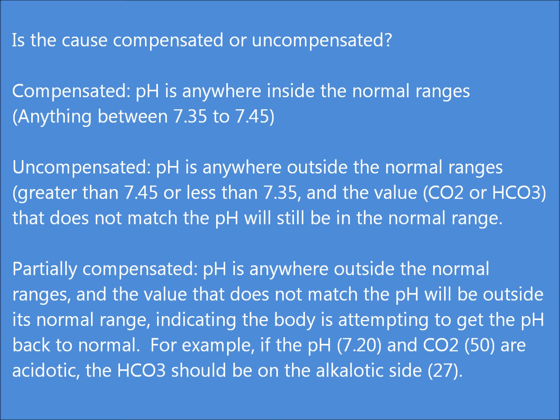A partially compensated pH is pH anywhere outside the normal range, and the value that does not match the pH will be outside of its normal range, indicating the body is attempting to get the pH back to normal range.